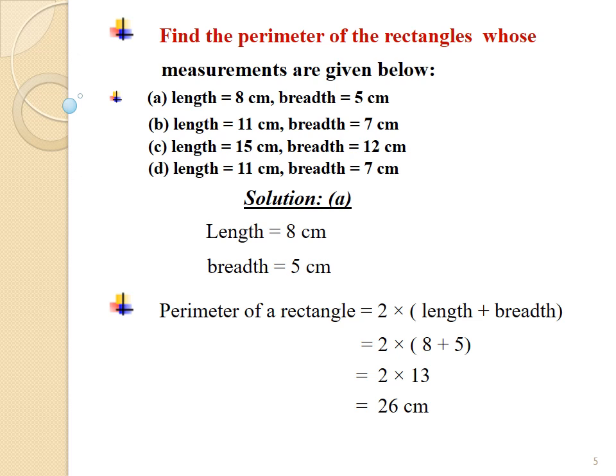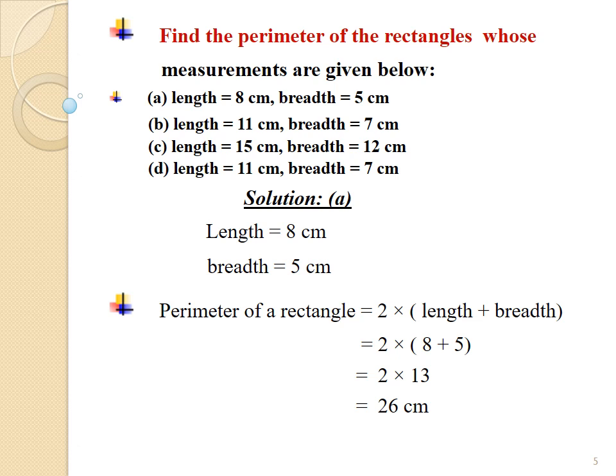Students, in previous question, we have learned to find the perimeter of plane closed figure using all sides. Students, in this question, we have to find the perimeter of a rectangle using formula. Students, you have to remember that perimeter of a rectangle equals to 2 multiplied by bracket length plus breadth.